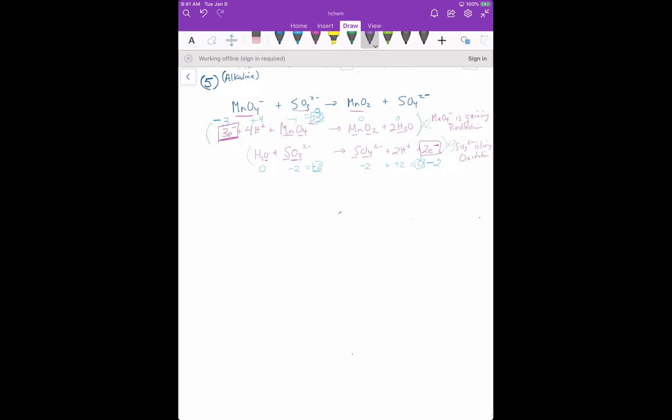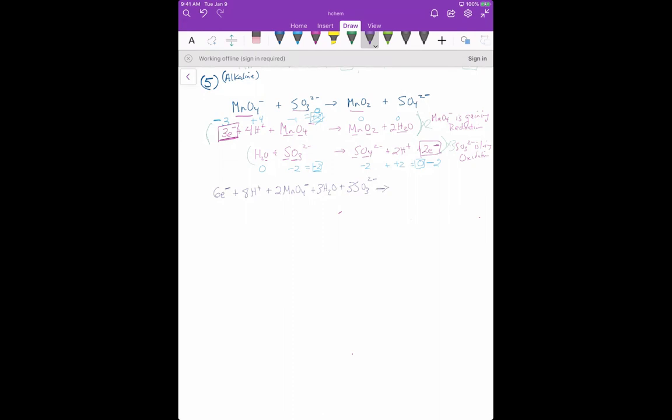So this gives us 6 electrons plus 8 hydrogens plus 2 MnO4 minus from that first line. Then I'm going to take that second line, 3 H2Os and 3 SO3 2 minus, and that gives me everything on the reactant side added together.